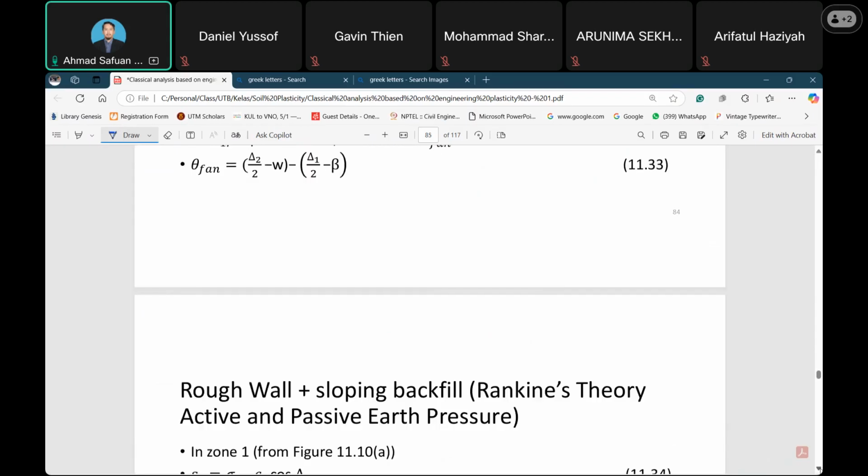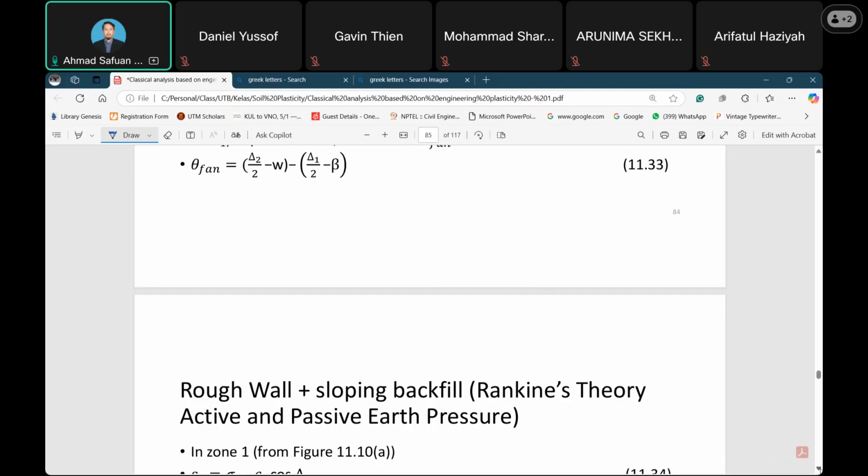It can be seen that the major principal effective stress sigma 1 is rotated at 2 theta equal to theta 1 from the stress state. Then you need to refer to the Mohr circle as well, from the stress state on the inclined plane in the retained soil, which is set at the angle of beta to the horizontal.